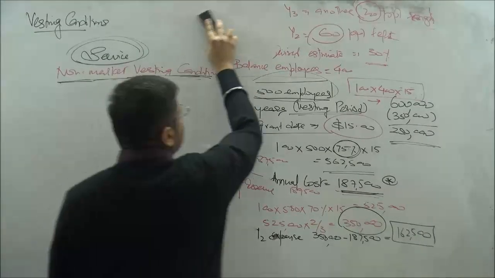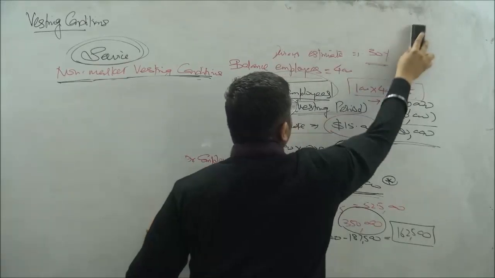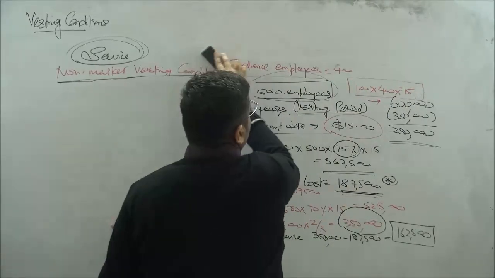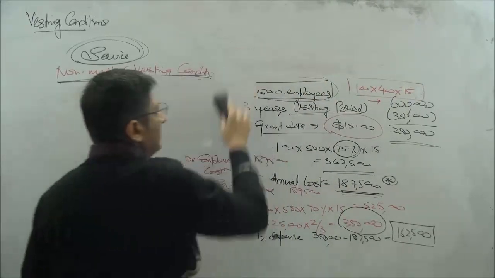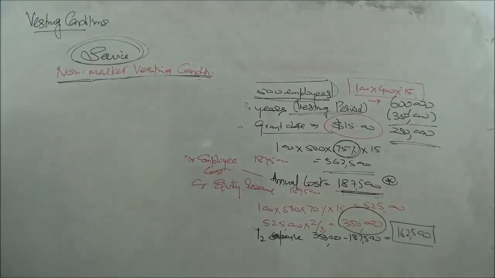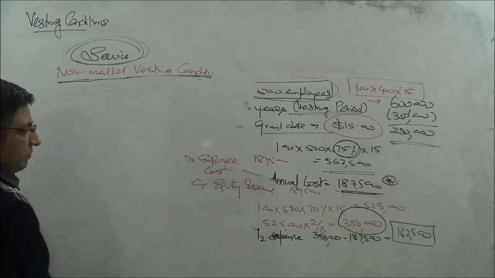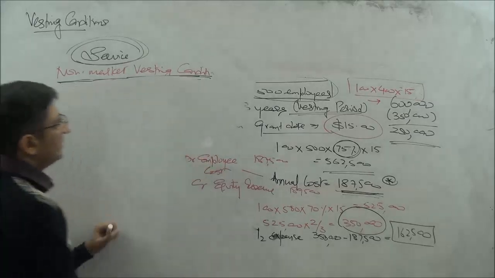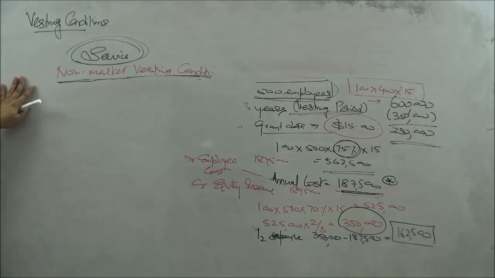You bring those changes and accordingly do the accounting for your share-based payments with respect to the employees, right? Now this is still about your service conditions, which are non-market conditions.